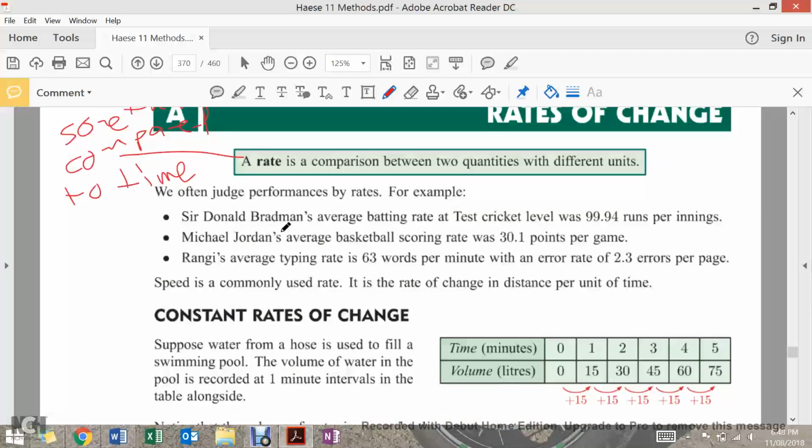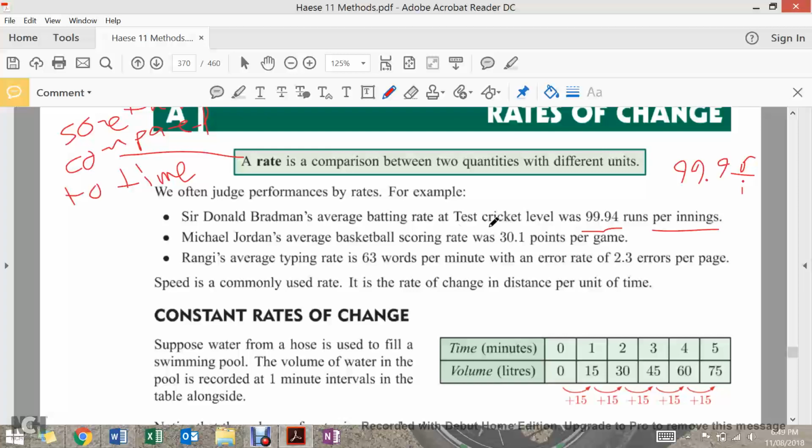Rates can also be different things. For example, Donald Bradman's average batting rate was 99.94 runs per innings. That's pretty insane. That's almost 100 runs every single time he was out on the field. That's nuts. 99.9 runs per innings. There's a rate.